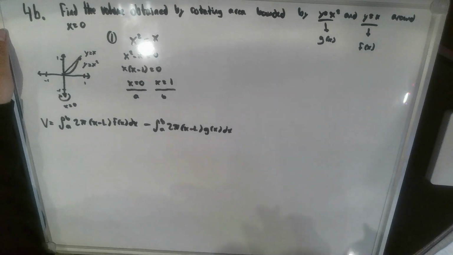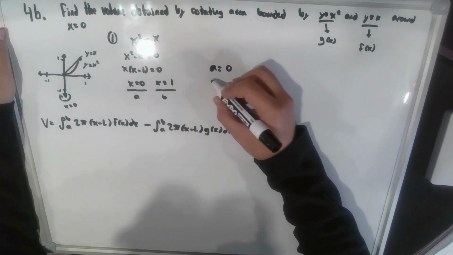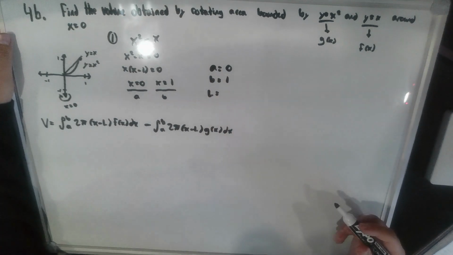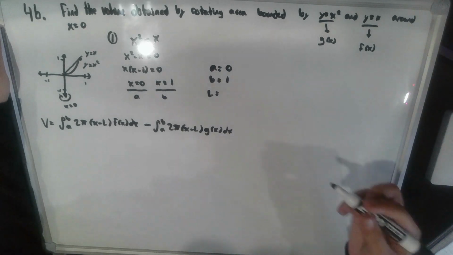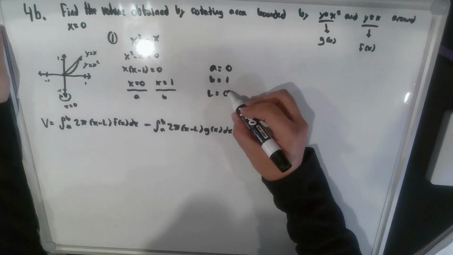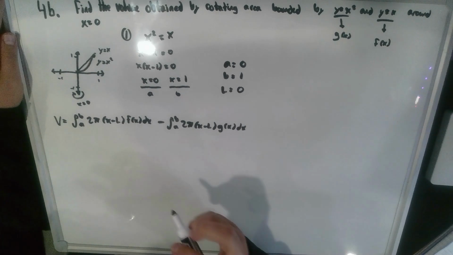And now, a equals 0, b equals 1. L represents the axis which it's being rotated around. Since it's being rotated around x equals 0, L is 0. So now we just plug in.